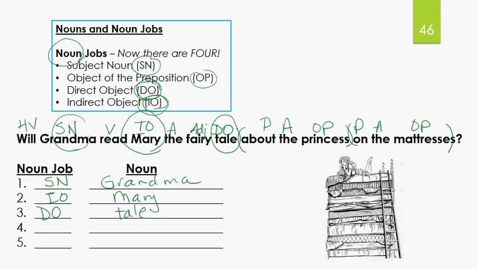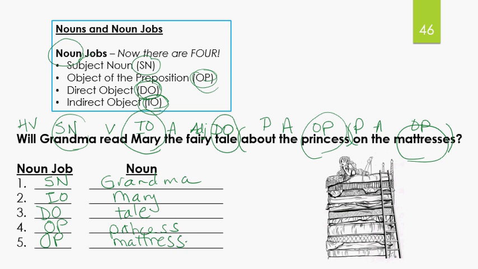Tale is the noun. Keep going. We know that object of a preposition is a noun job. OP, princess. And we've got one more object of a preposition in the sentence. Mattress is the object of a preposition, and now that is your noun job chart.